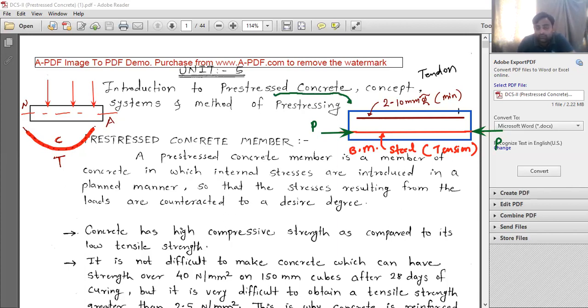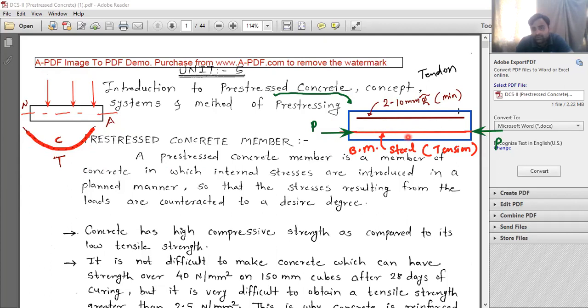So what will happen while applying this? How to apply that, we will see in the coming bits and the next unit. But just now for the time being you understood this. We apply the force on this tendon. And so, what will happen, generally due to load this type of profile gets developed for the beam.